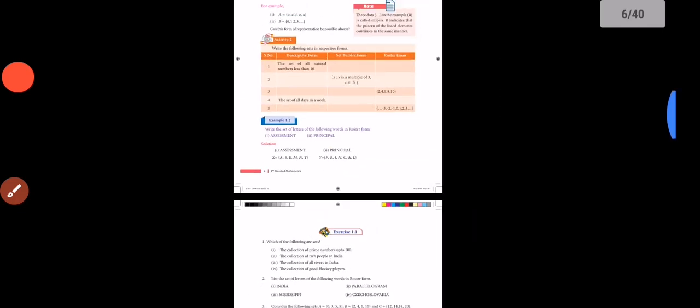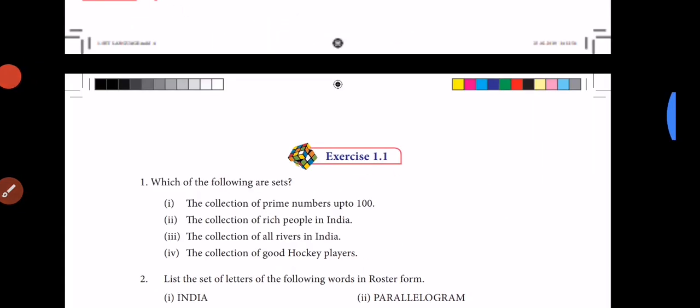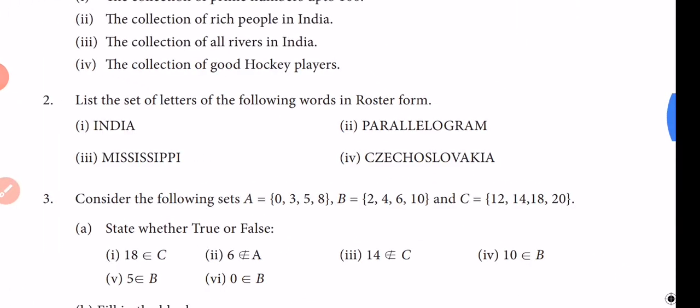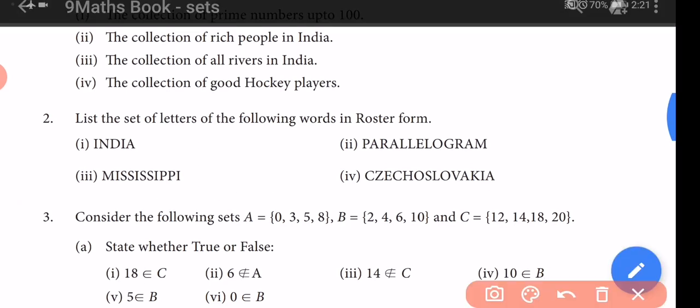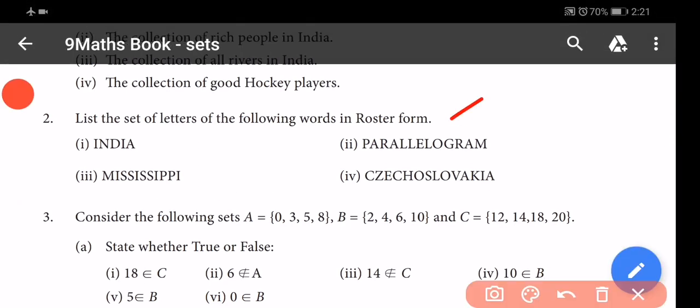Next, we are going to discuss the exercise. Here also you write the second. List the set of letters of the following words in roster form. Do you finish? No letter can be repeated.